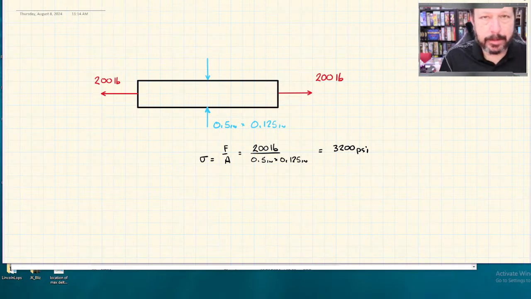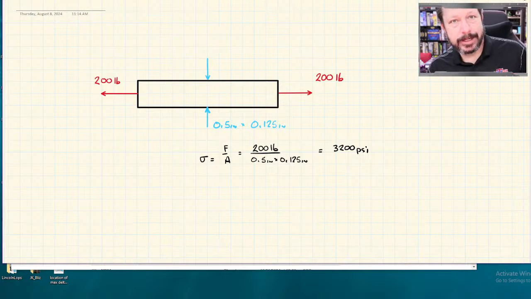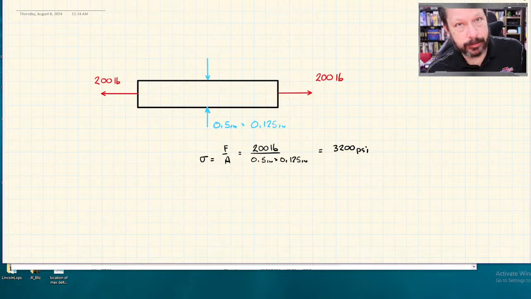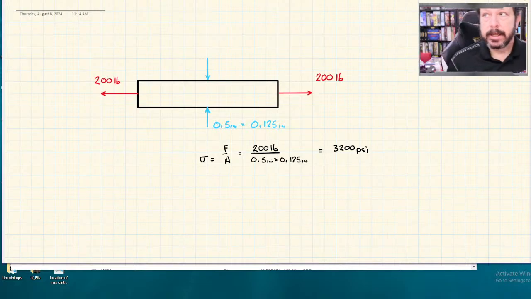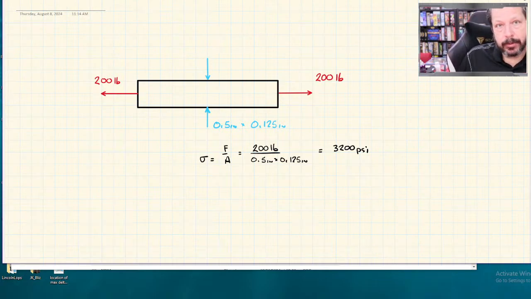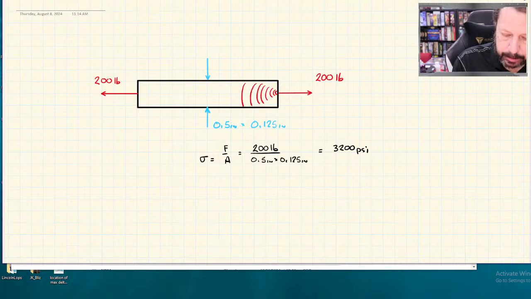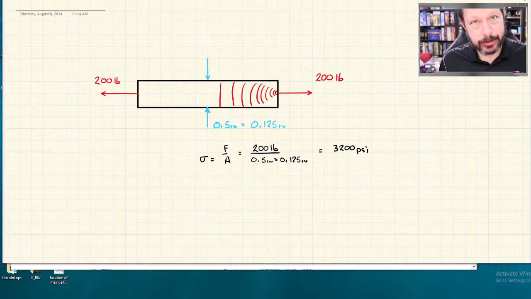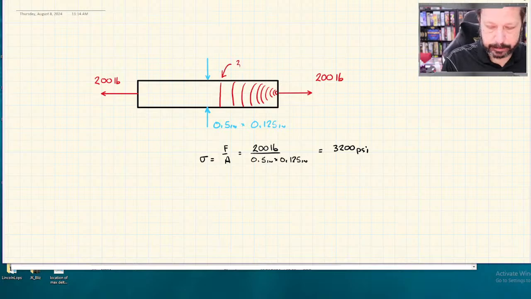If we were able to draw a stress intensity plot, or put this into SolidWorks or one of our finite element simulation packages and simulate this, we get some kind of stress profile where the stress is really high out here, and then somewhere near the middle of the bar I get this evened out stress profile. So that 3,200 psi that we calculated is somewhere over here.